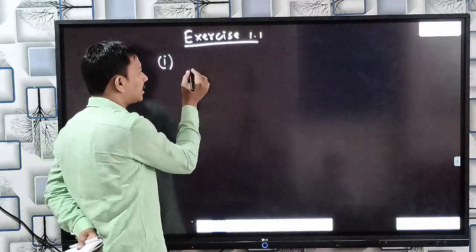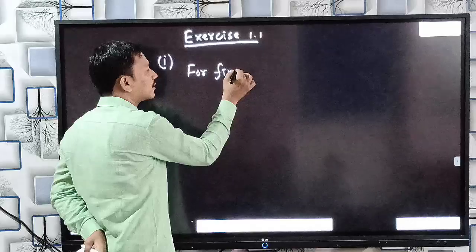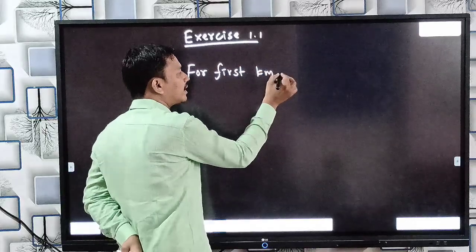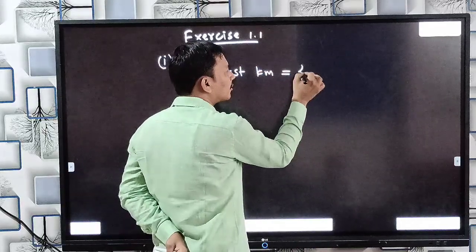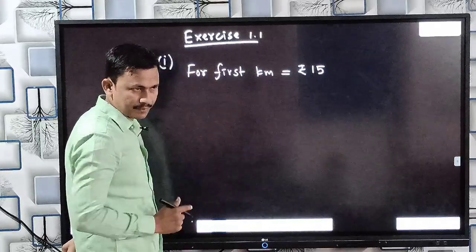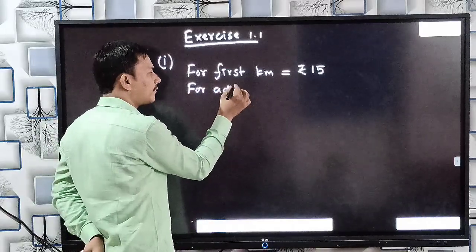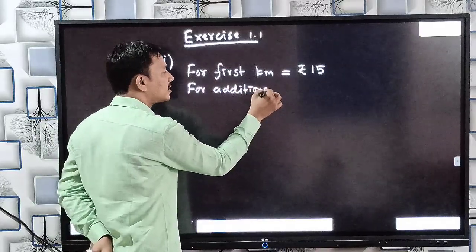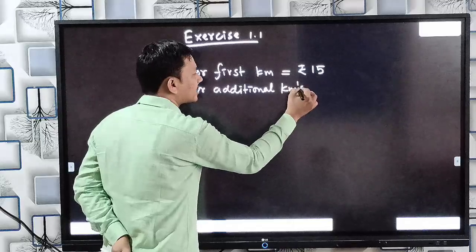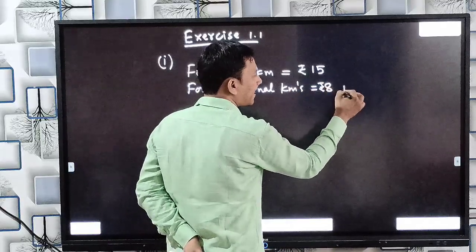Okay, 15 rupees for the first kilometer. For the first kilometer, what is the taxi fare? Rupees 15. And for additional kilometers, what is the amount? 8 rupees per kilometer.